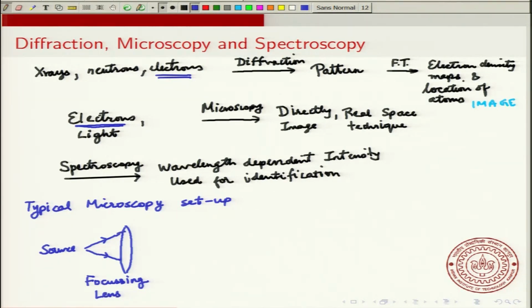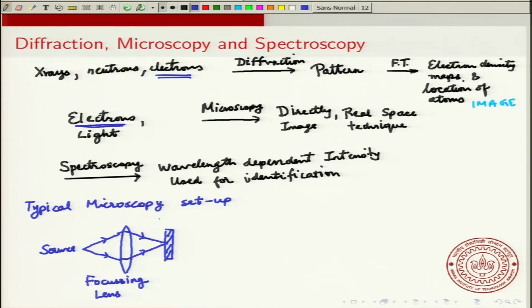This lens will focus the light or the electrons onto the object that you have. So, you have the object here. I should mention that if you are looking at electron microscopy and these rays are electrons, then you do not actually use a lens, but you use various electromagnetic fields to focus the rays onto the object.